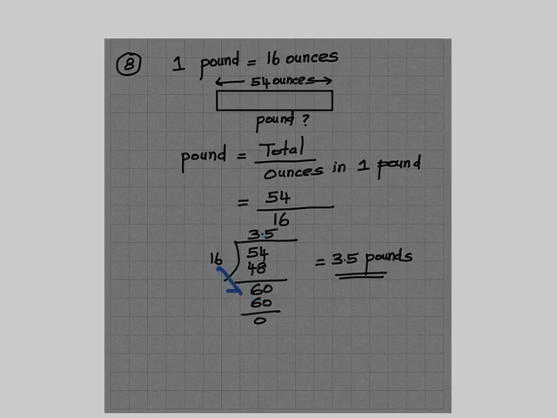Now see how many 16 goes in 60. 5. 16 times 5 is 60. So write the 60 down there and then subtract. 60 minus 60 is 0. Now, the answer is in the quotient, which is 3.5 pounds. So this is how we convert ounces to pounds.